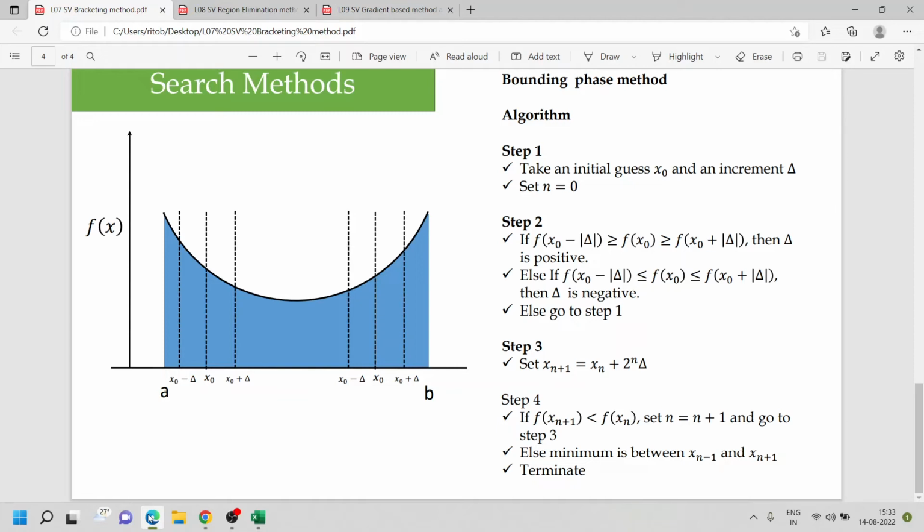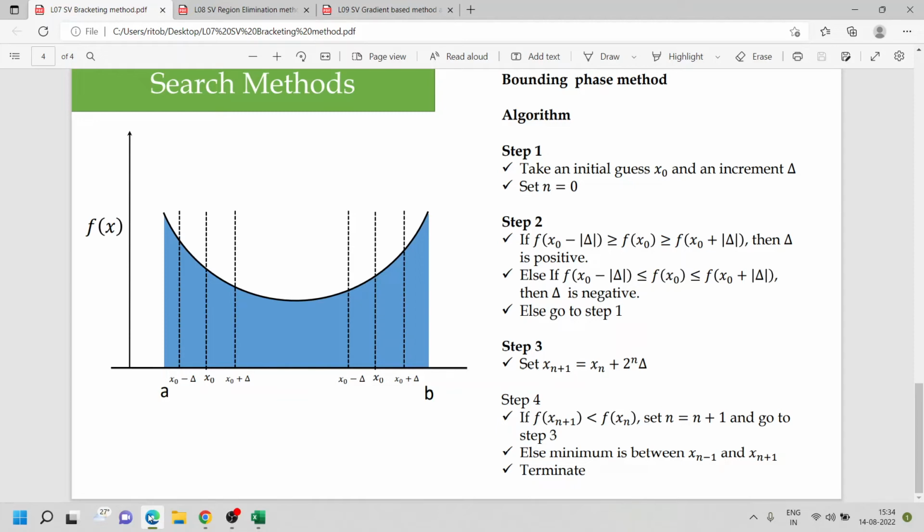Your x3 is x2 plus 2 squared delta x. So this will become 4 plus 4 times 0.5, which is 6. Now you calculate f6, and I'm pretty sure that f6 will be greater than f4.